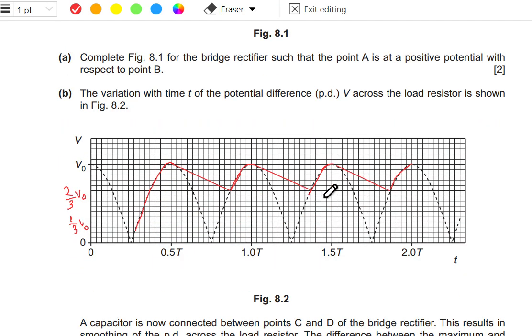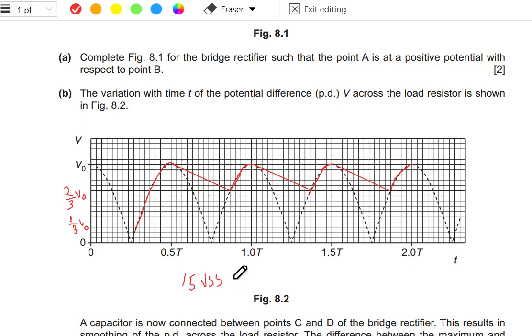It is from 0.5T to before the 1T by 1, 2, 3, 4 small squares. So from 0.5T to 1T, it is 3 small squares, which means 15 very small squares.